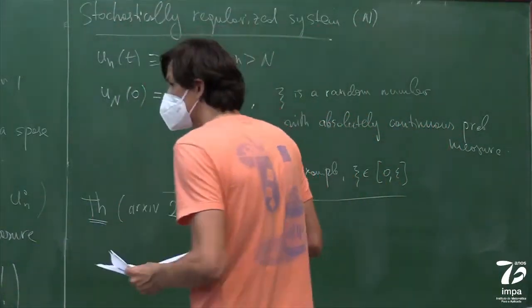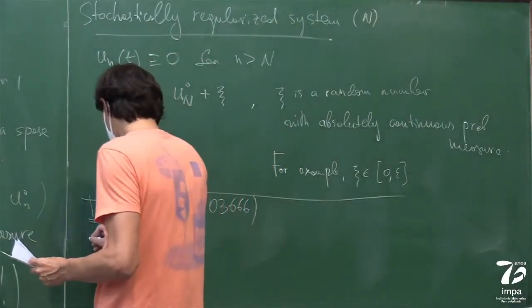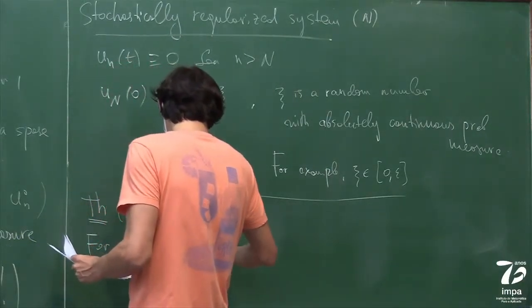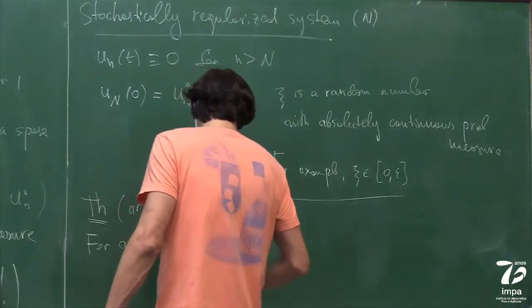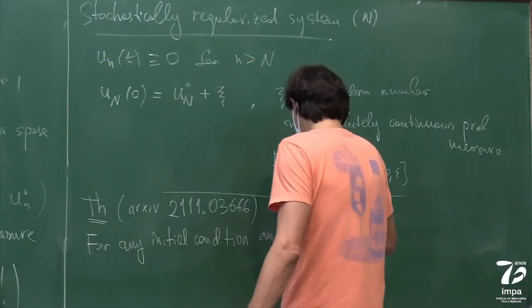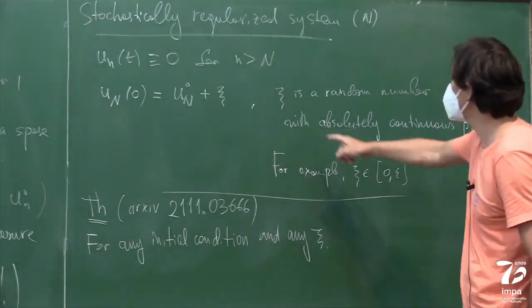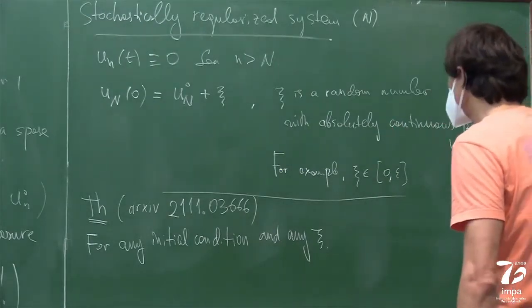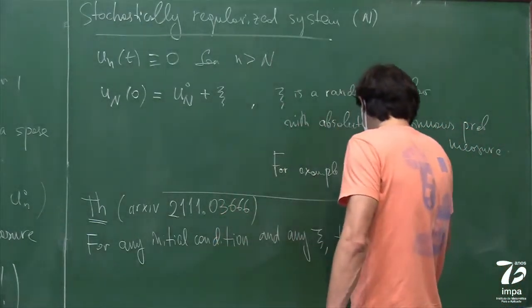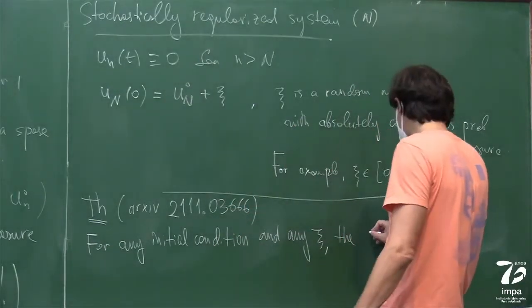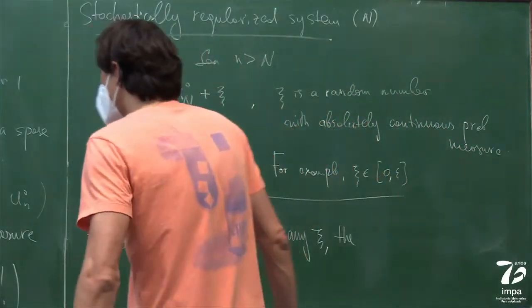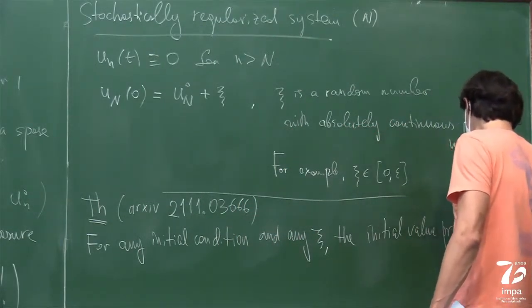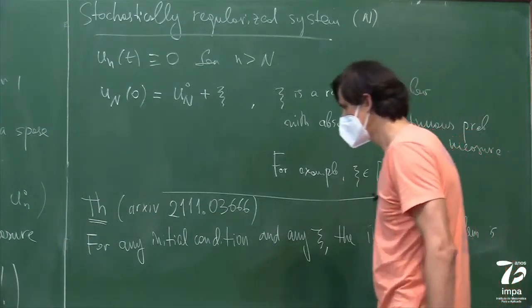So the theorem tells the following: for any initial condition and any xi, so any error which is a random number with a density, so an absolutely continuous probability measure, the stochastically regularized initial value problem is spontaneously stochastic.